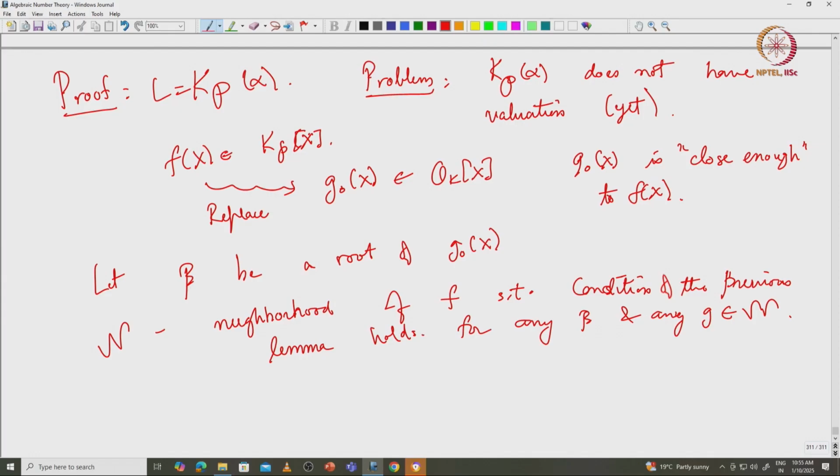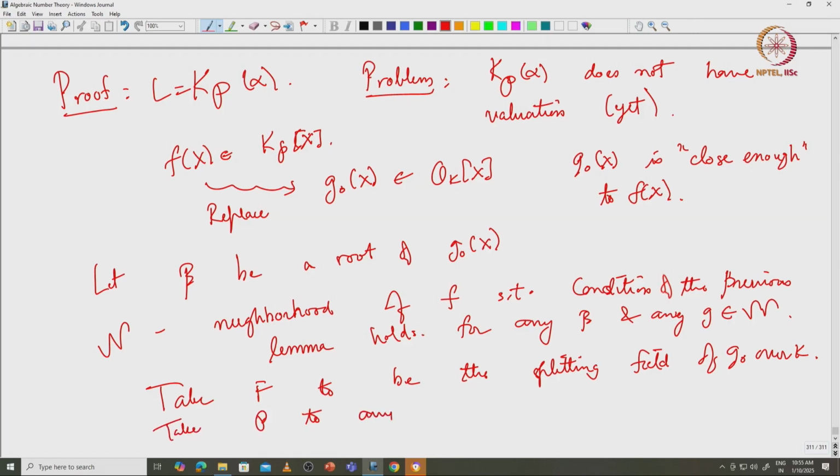Then I can take F to be the splitting field of g_0 over K, and take P to be any prime of F dividing small p.